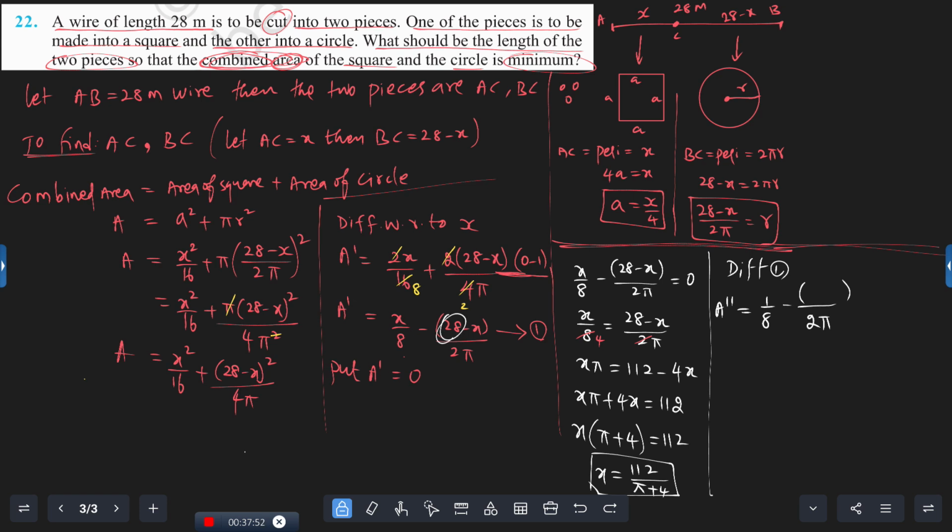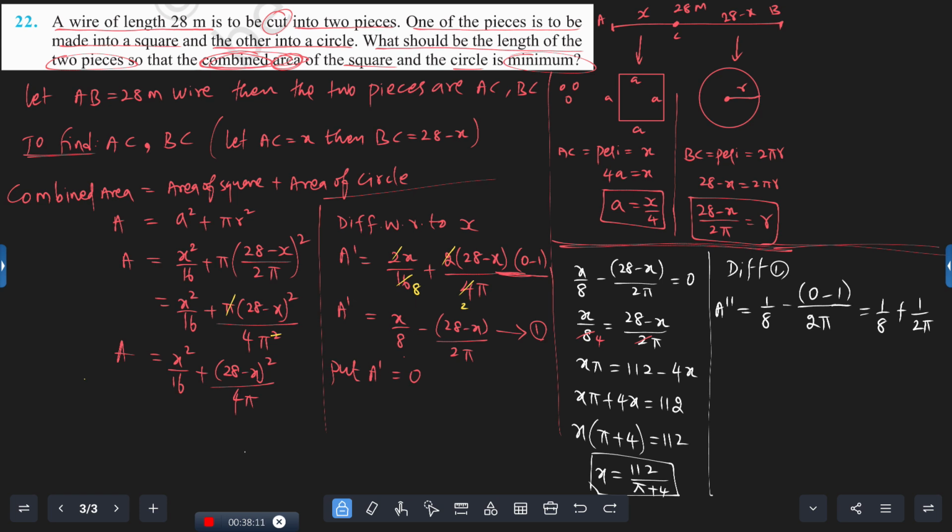Here 28 derivative is 0, minus x derivative is 1. So finally I am getting 1 by 8, this minus will be positive, so minus and minus plus 1 divided by 2 pi.